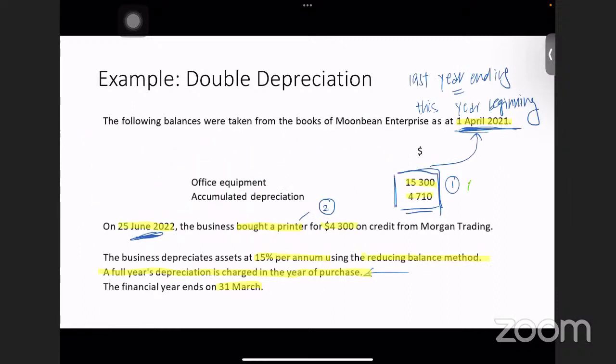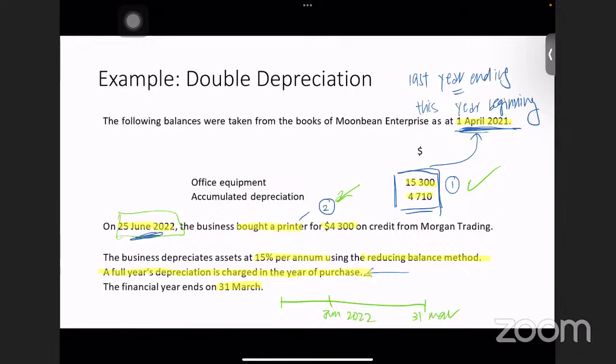Now we have to look at this second equipment. The second equipment we bought on 1st June. So when will be my first year end? 31st March 2023, right? Because if you were to draw the timeline, my year end is March. I buy in June 2022.